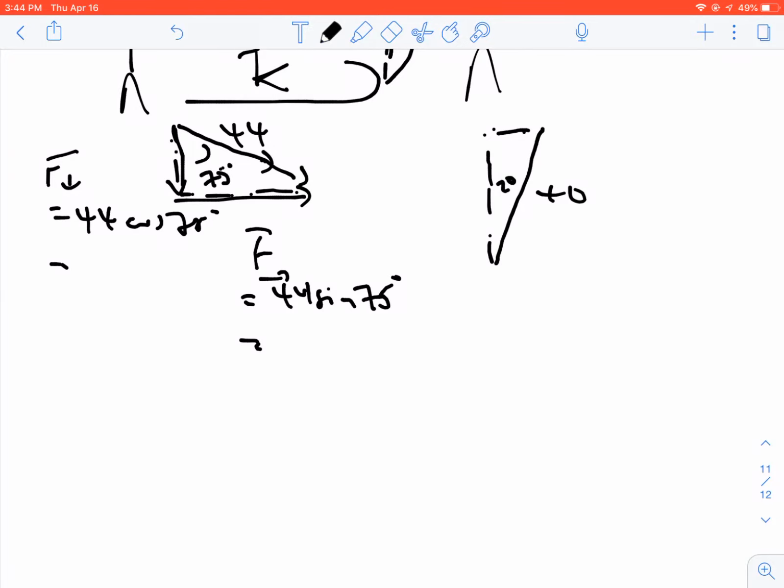Okay, so if I analyze my two forces, 75 cosine times 44, I'm getting 11.4 newtons down, and I'm getting 75 sine times 44, I'm getting 42.5 newtons that way. Just double check my math.